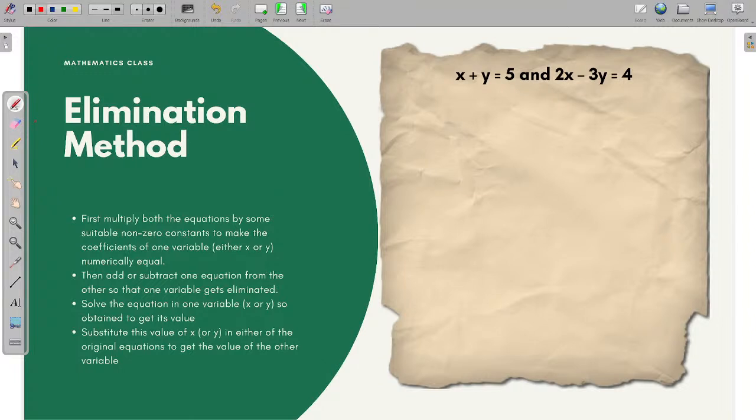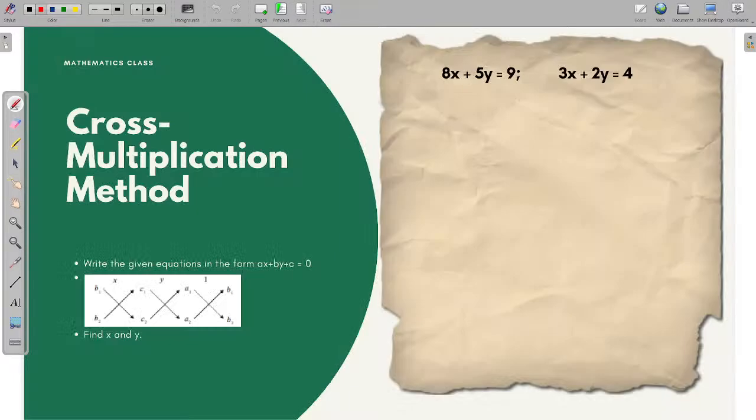It depends on you which method you like the most, but sometimes the examiner will ask to solve a specific numerical in a specific method only. So in that case you have to use the only method that's provided.